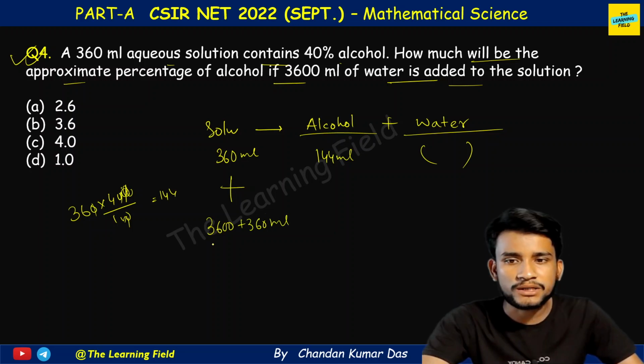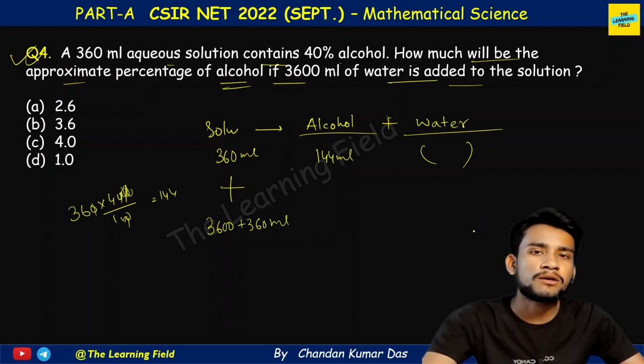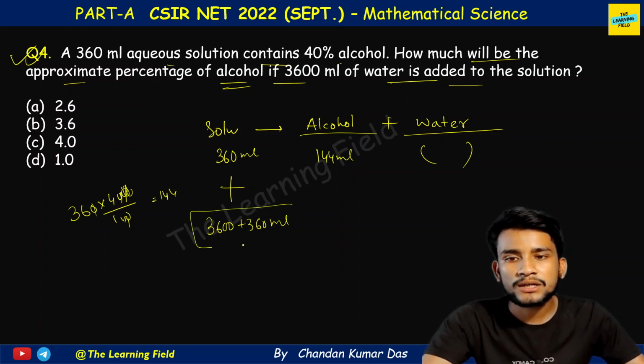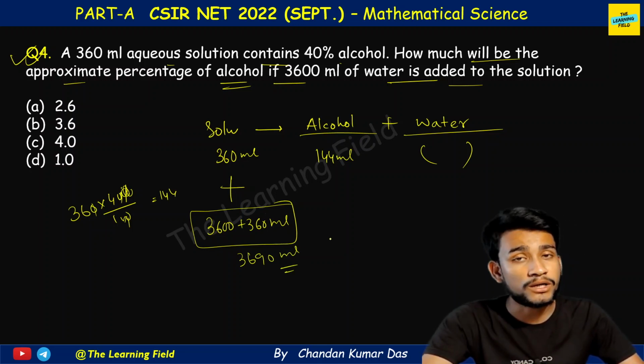We have to find the percentage of alcohol only, so we don't need to calculate the water. So there is 3600 plus 360, equal to 3960 ml in the solution.